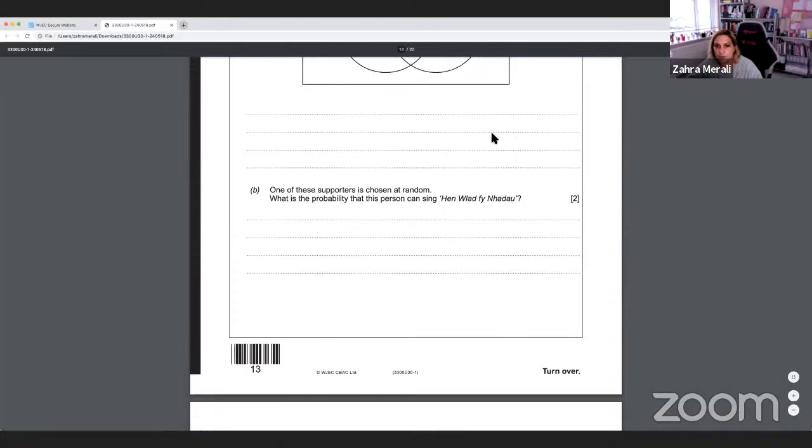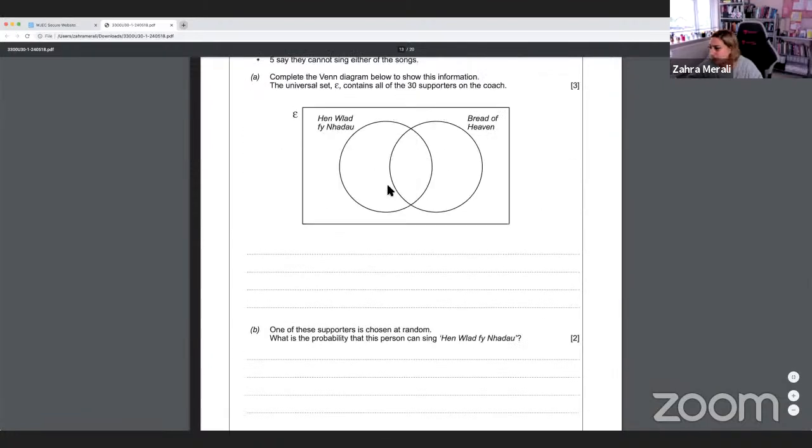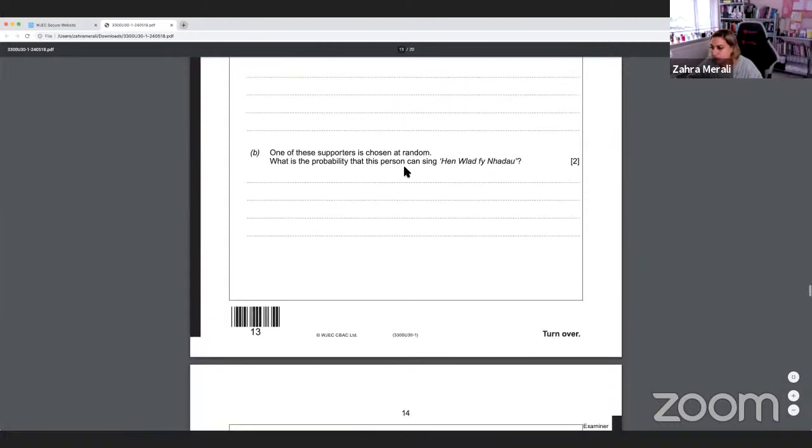But we want to know the probability that they were anywhere in this circle. So remember, we had 7 here and 12 here. So altogether, that circle was 19. And the probability means it was out of something. So that'll be 19 out of 30.